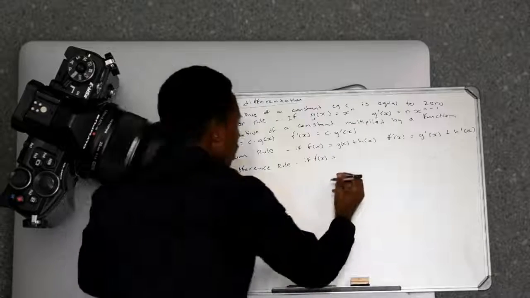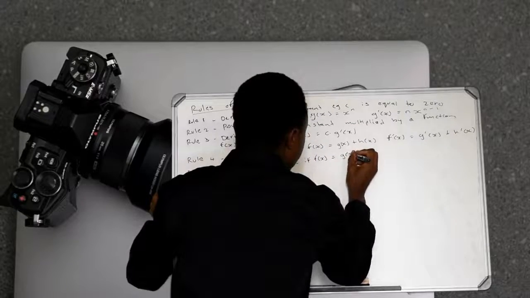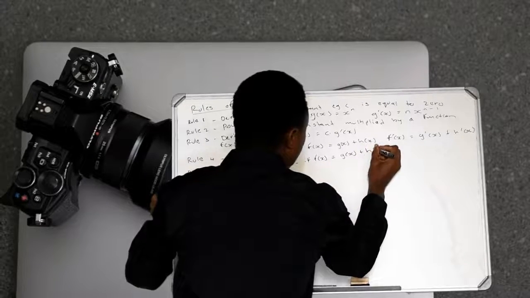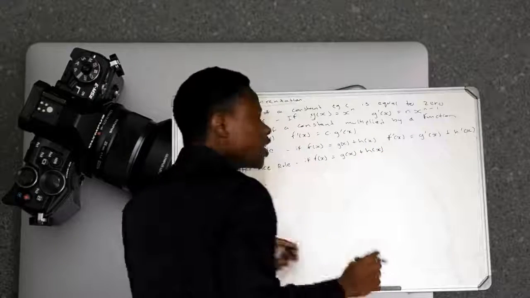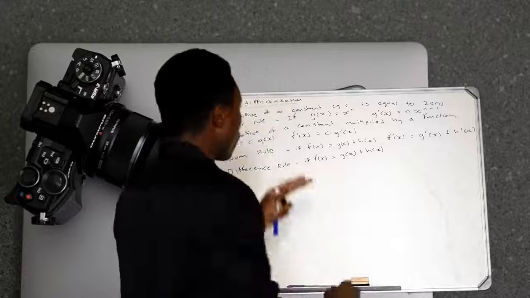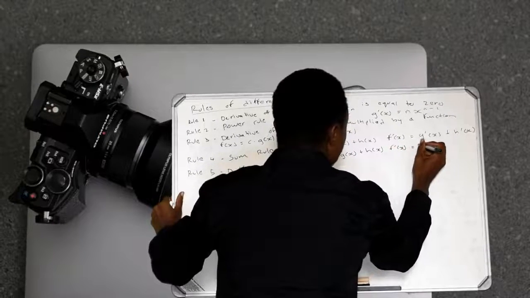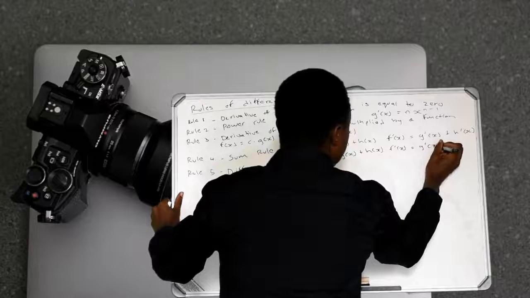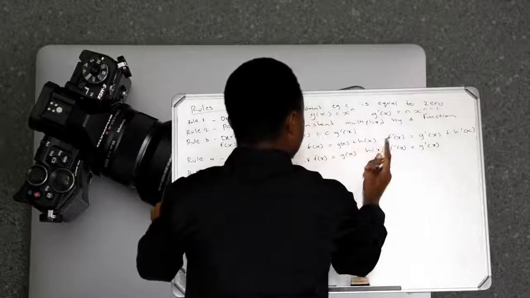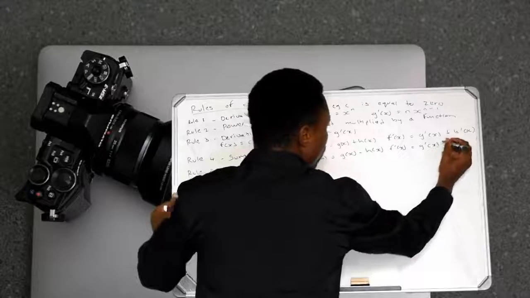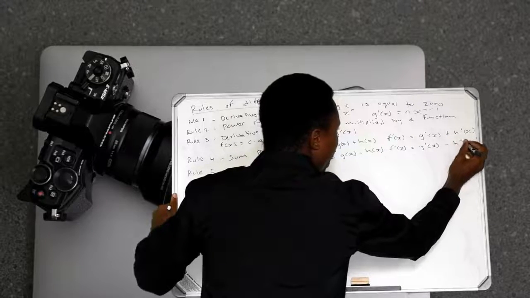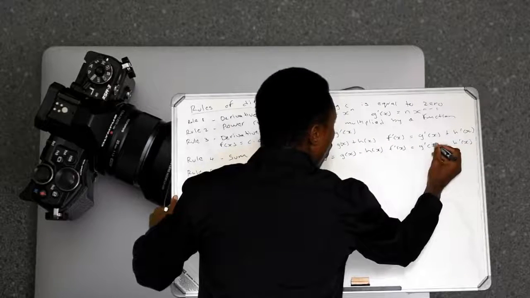if f of x is equal to g of x minus h of x, then the derivative f prime of x would be equal to g prime of x, minus, yeah, it's a difference rule, minus h prime of x. So what is this saying?